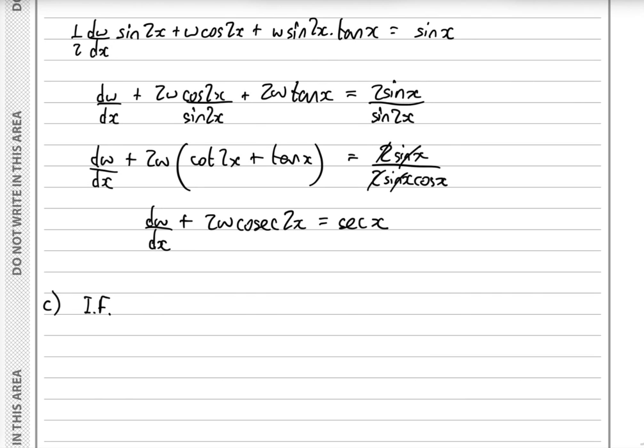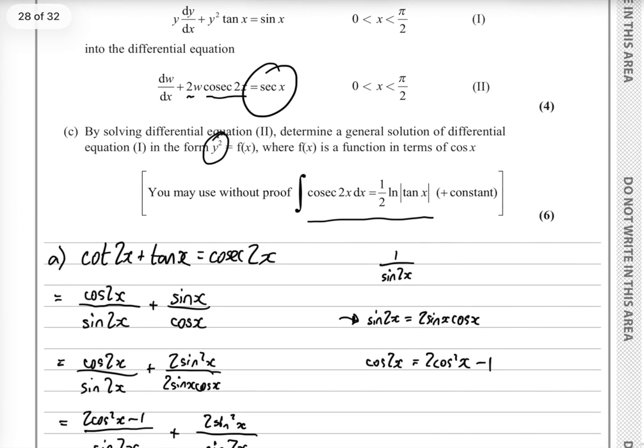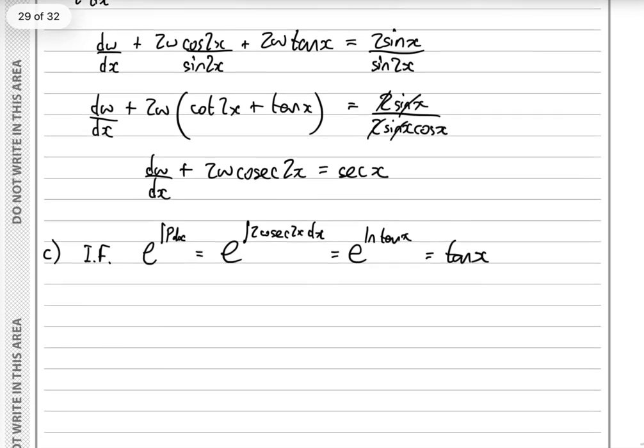Integrating factor e to the integral p dx is going to be e to the integral 2 cosec 2x, and they've just told us that the integral of cosec 2x is a half log tan x, so 2 cosec 2x integrates to log tan x, which makes this a very nice tan x as the integrating factor.